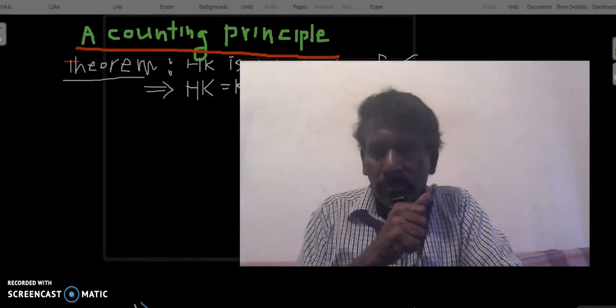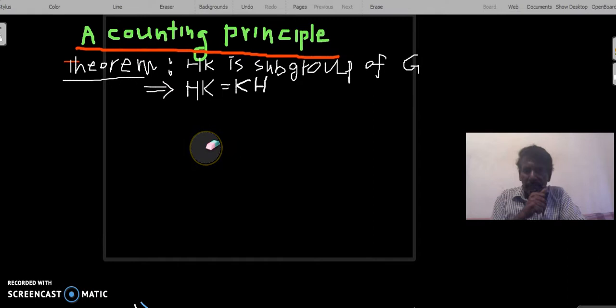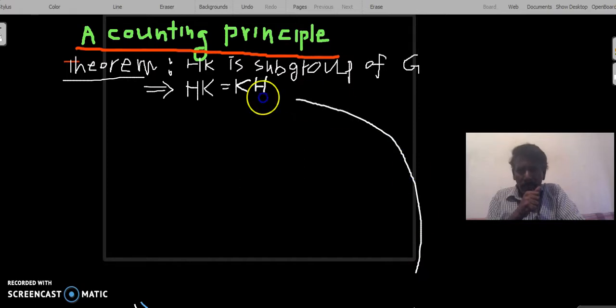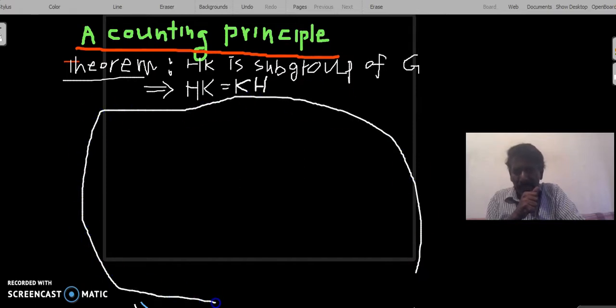Now what is the theorem? HK is a subgroup of G if HK equals KH. That's our aim to prove here. Suppose G is a group. This is the group I am taking.